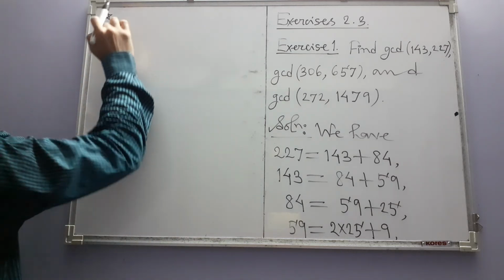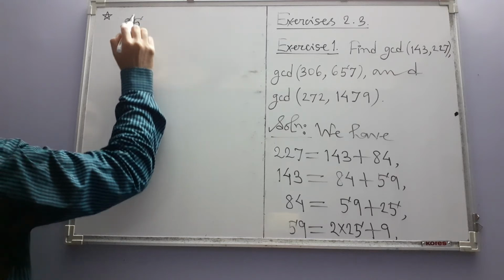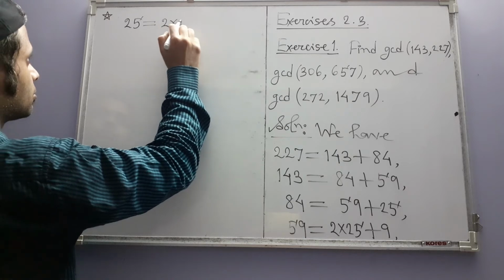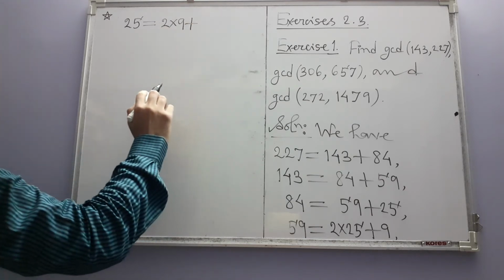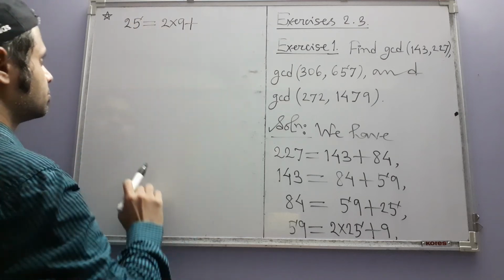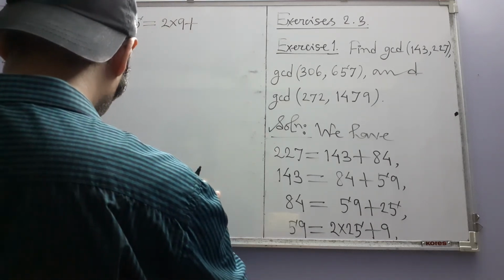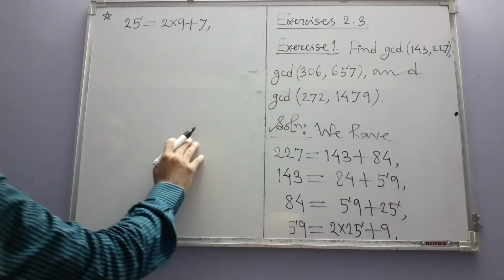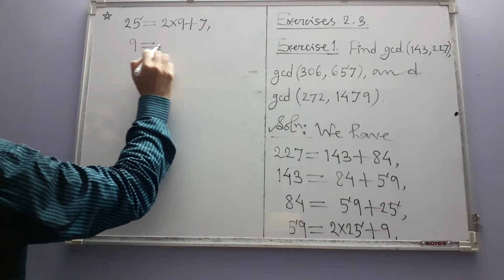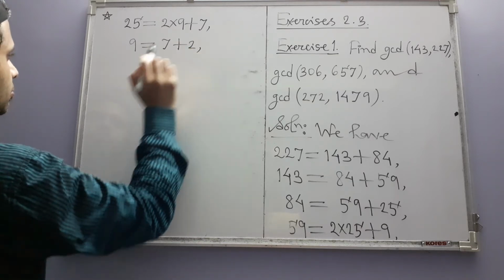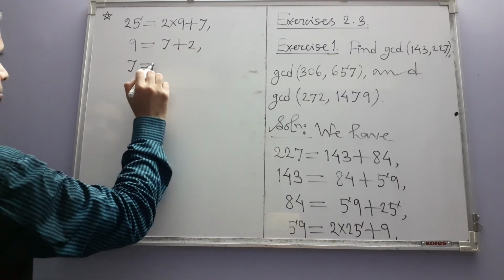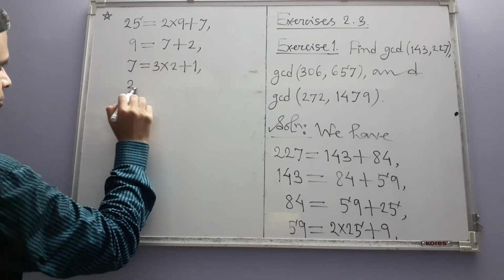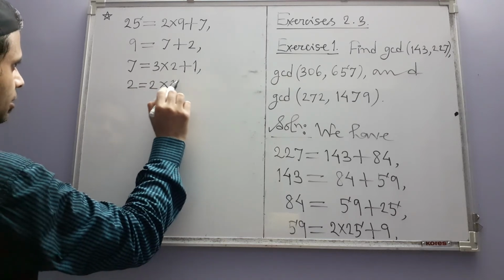Then, so this is what? 7. Next it becomes trivial. 3 times 2 plus 1, and 2 of course is 2 times 1 plus 0.